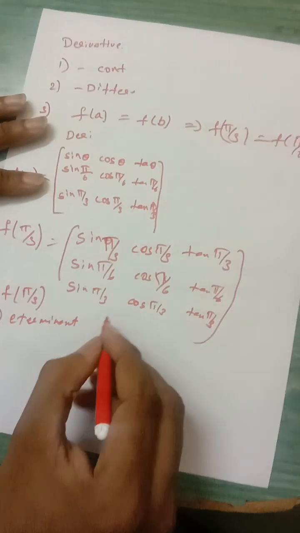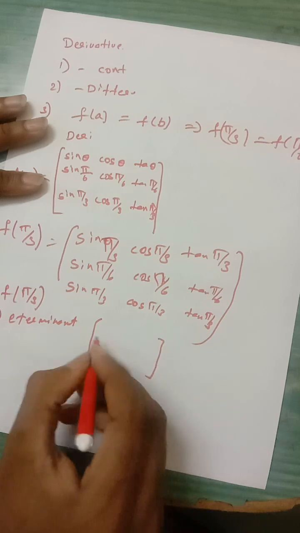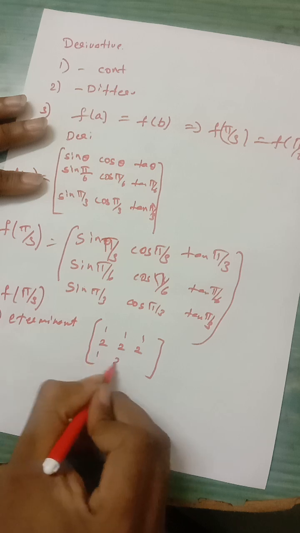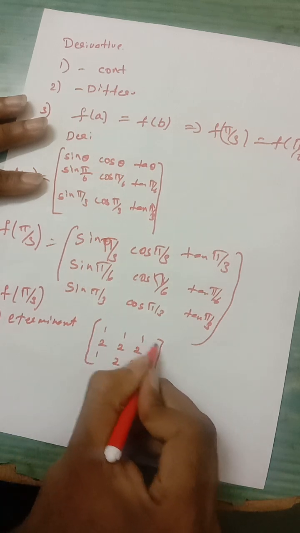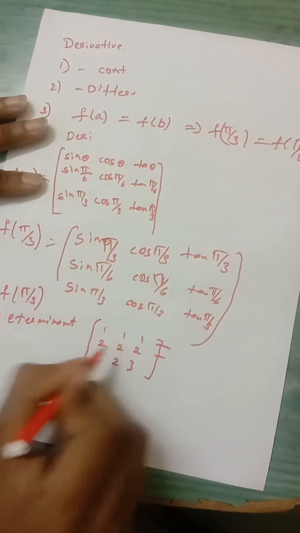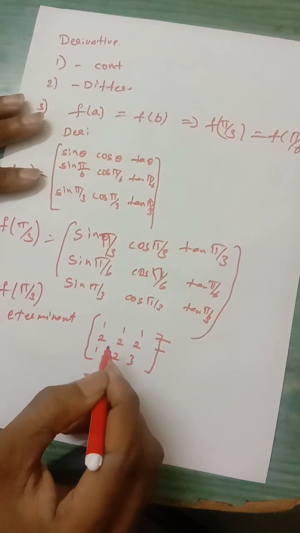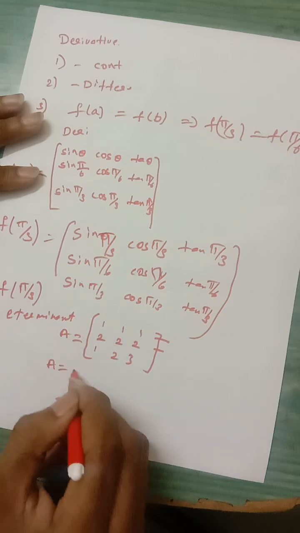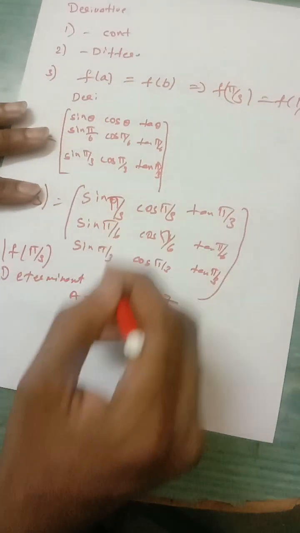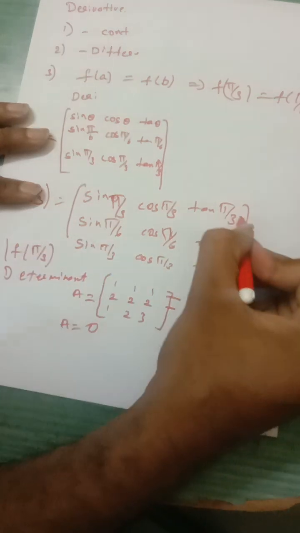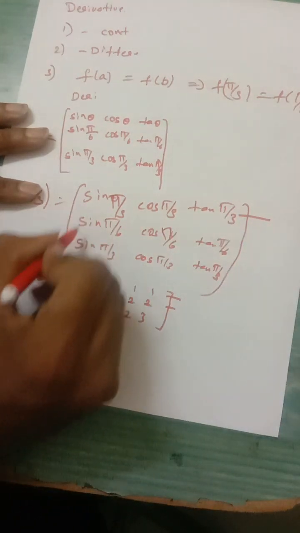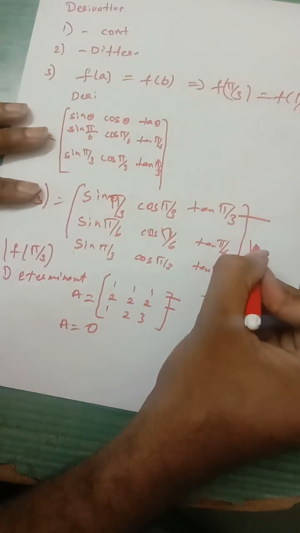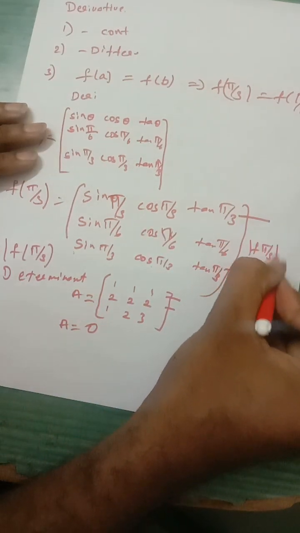If you study matrices, if one row is 1 1 1, another is 2 2 2, and another is 1 2 3, then the first two rows are dependent on each other, so det A will be 0. That is how we determine it in matrices. Here the first and third rows, sin π/3, cos π/3, tan π/3, are the same, so det f(π/3) is equal to 0.